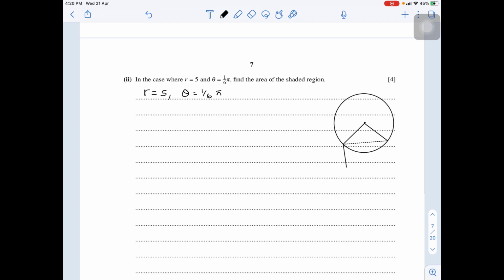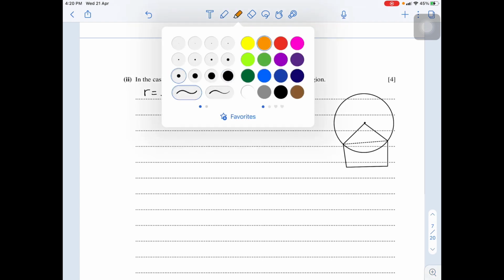All right, then I have this, I have that part.